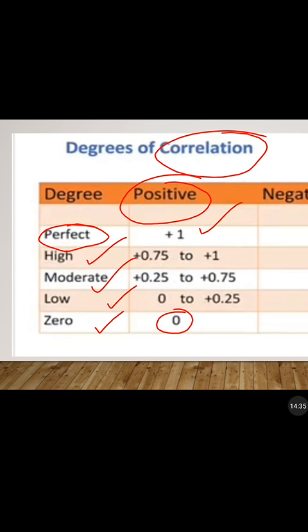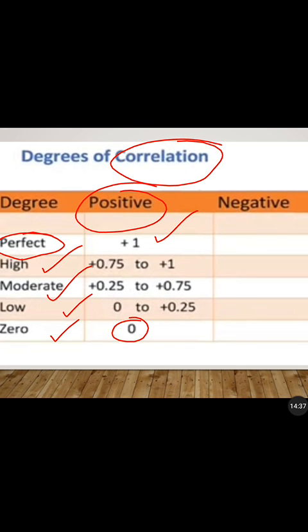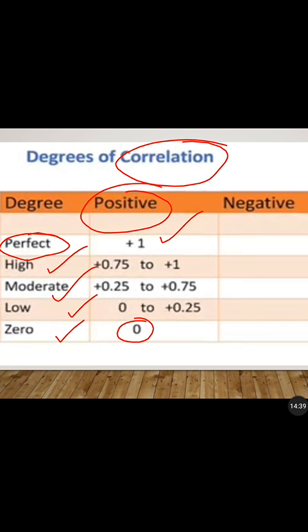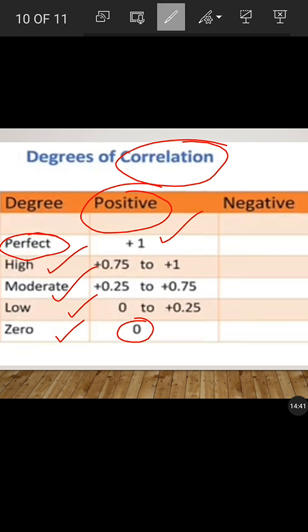Similarly, for negative correlation, we will have the same values, but the sign will be different. Perfect negative means -1. High negative correlation is -0.75 to less than -1.